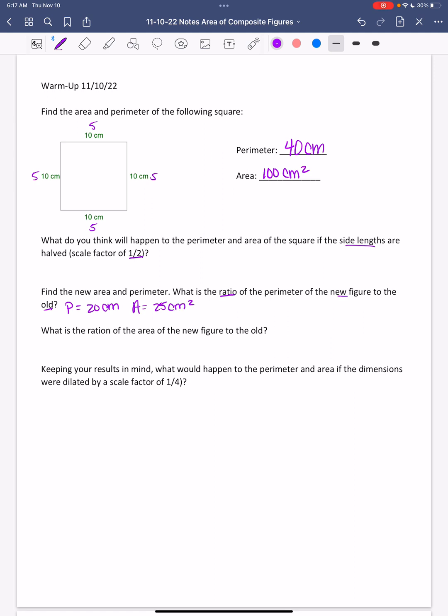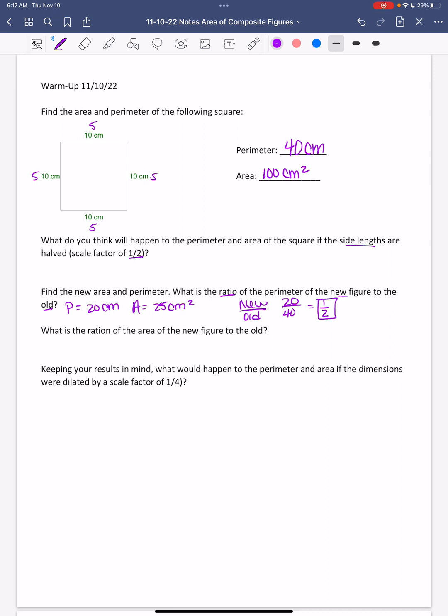So what happens? If we're going to get the ratio of the perimeter, the first perimeter, it's going to be new to old. The new perimeter is going to be 20, and the old perimeter is going to be 40, and that is going to reduce to 1/2. So the ratio is 1/2.